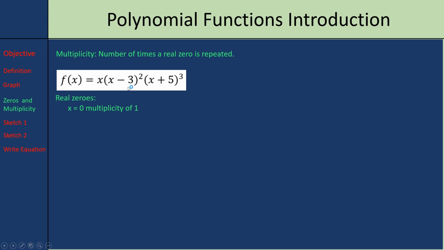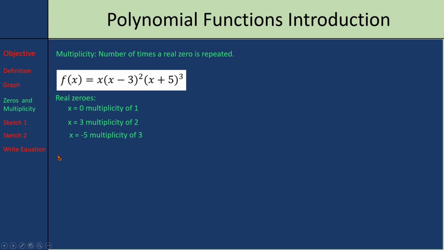This one here, the zero is 3, right? Because 3 minus 3 is 0. And the multiplicity is 2 because of the exponent there. Okay. And then the last one, the zero is -5, and the multiplicity is 3 from this one.